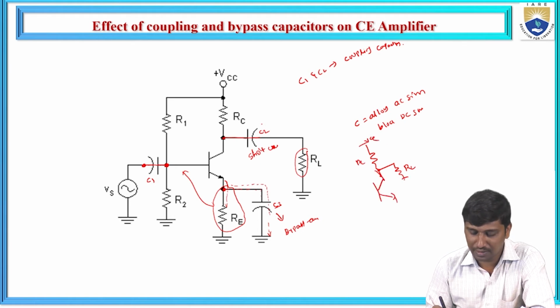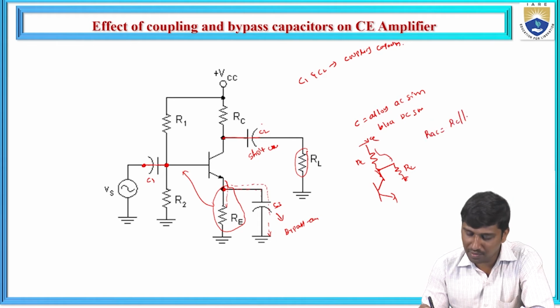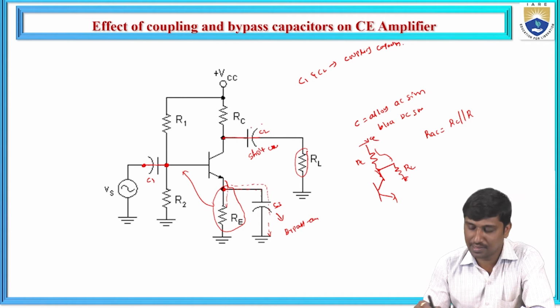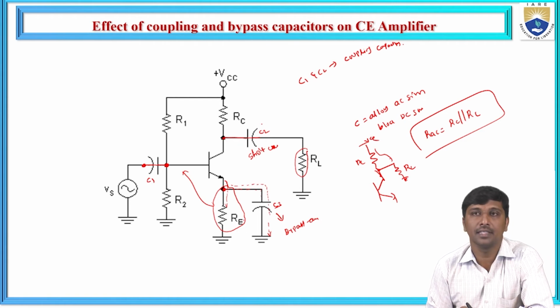The equivalent AC resistance is then the parallel combination of the collector resistance and the load resistance. Hence C1 and C2 act as coupling capacitors and C3 acts as a bypass capacitor.